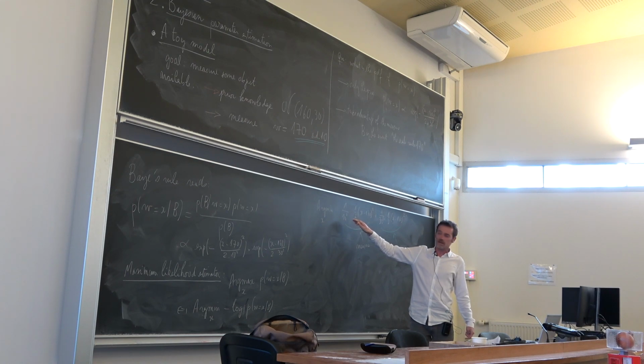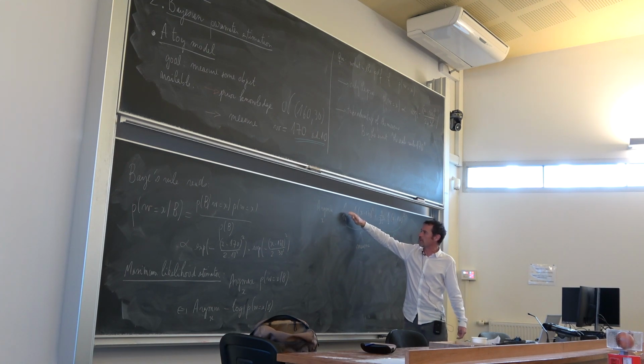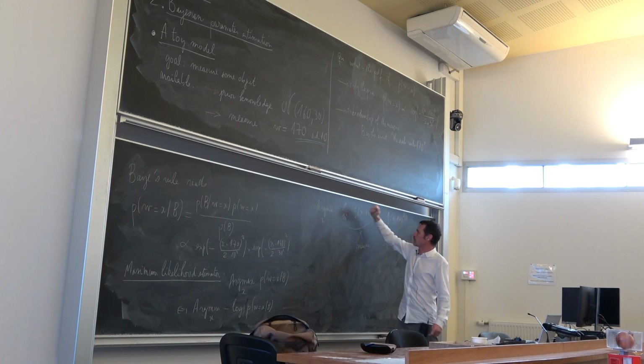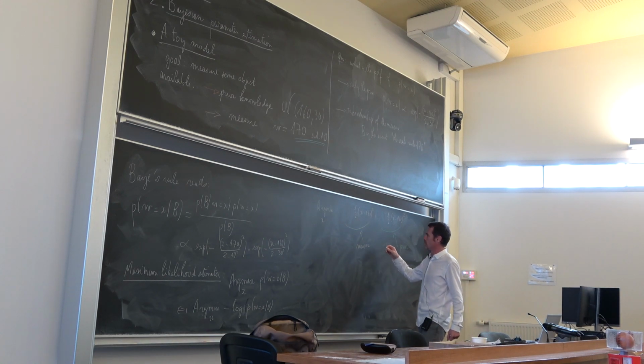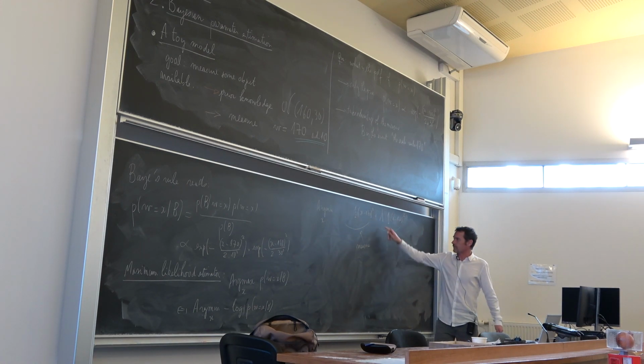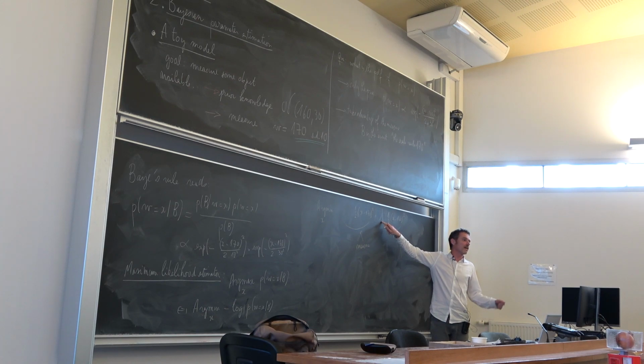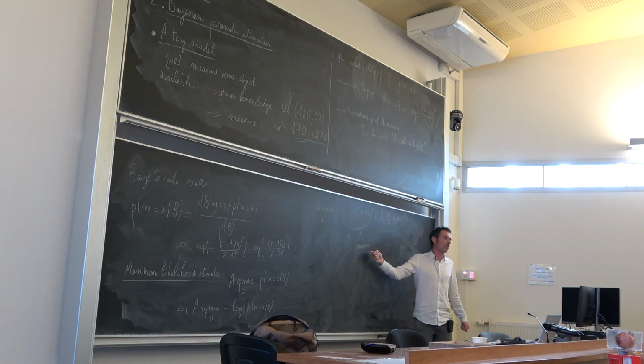So, up to multiplying by a constant, you can say that you have some factor lambda here, and the value of lambda can be tuned depending on whether you have more confidence in your prior or more confidence in your measurements.